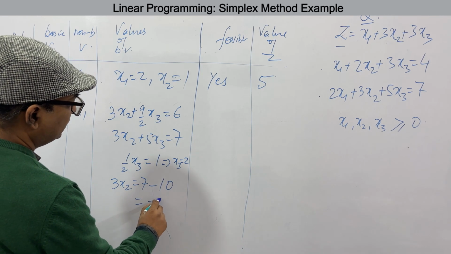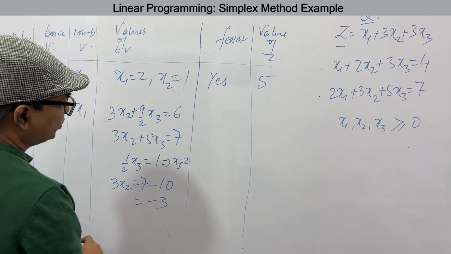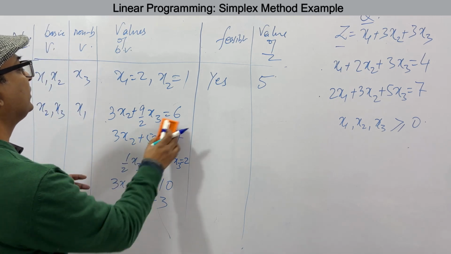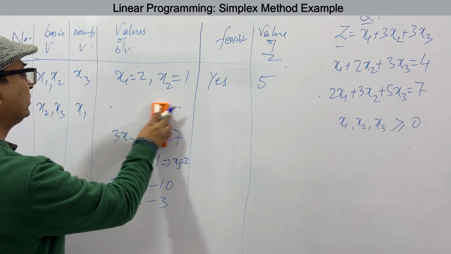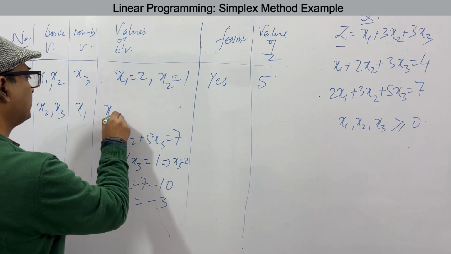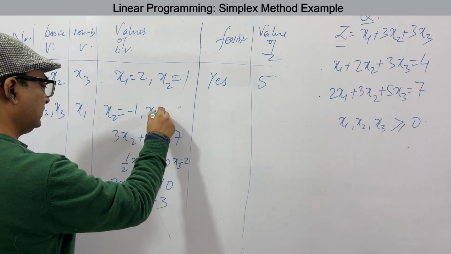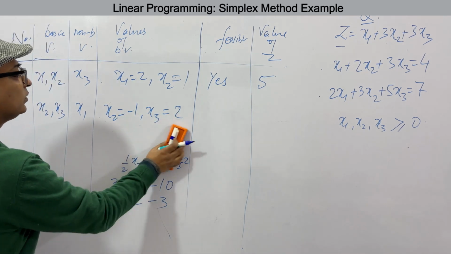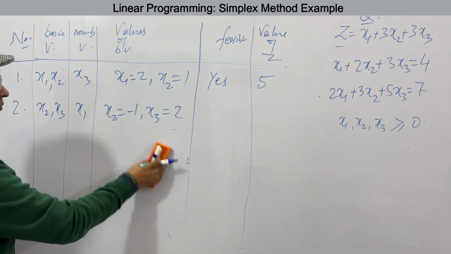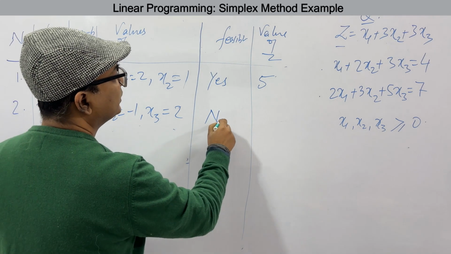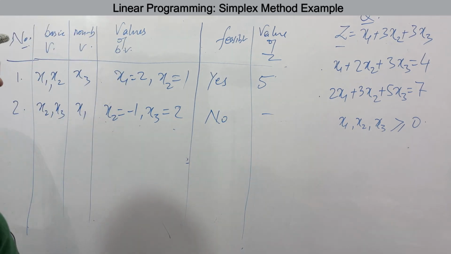So this is minus 3. So x2 is minus 1. So here we have x2 equal to minus 1 and x3 is equal to 2. This is not a feasible solution. So we won't find the value of z.